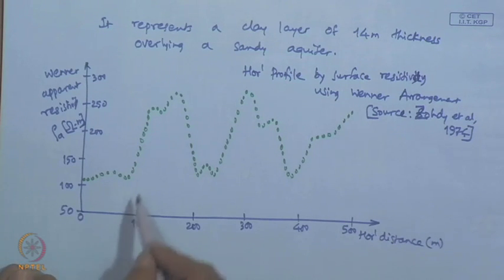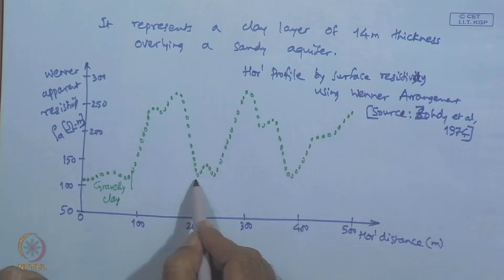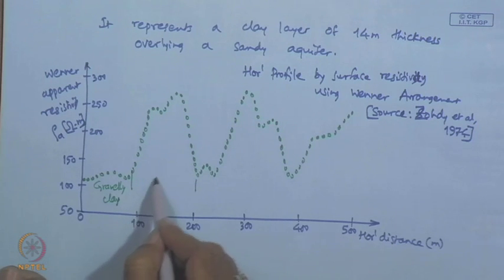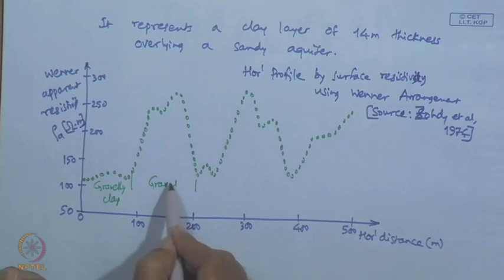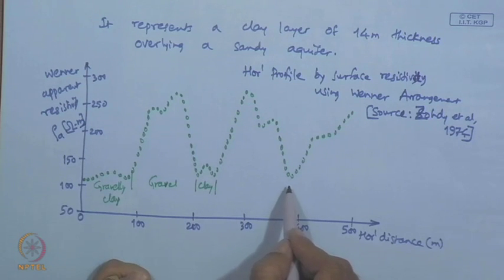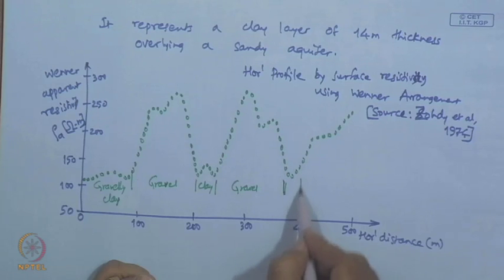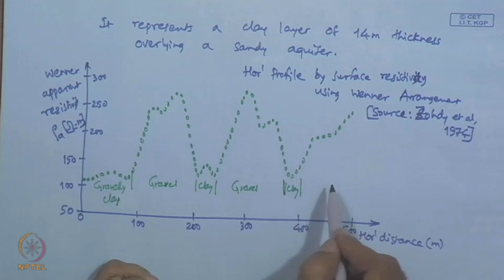Up to this it is gravelly clay, and here this is indicating gravel, and this is indicating clay. Again, this is indicating gravel. And here it is indicating clay, then again followed by gravel.